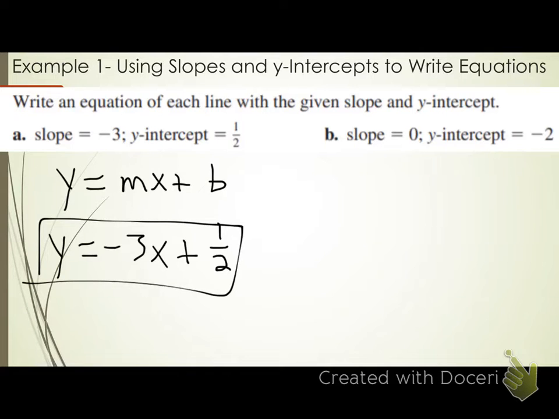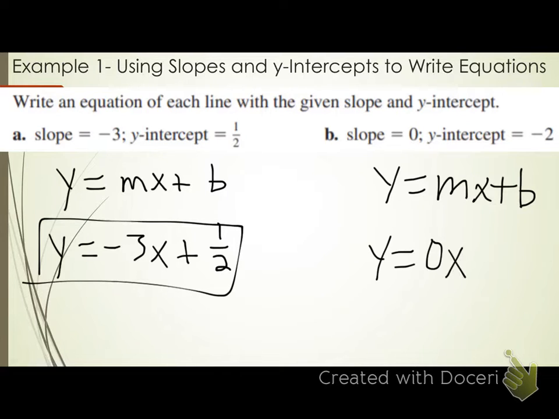Letter B. Slope is 0. Y-intercept is -2. Raise your hand so you can give me my equation in slope-intercept form, given this slope and this y-intercept. Y equals 0x plus -2, or just -2.